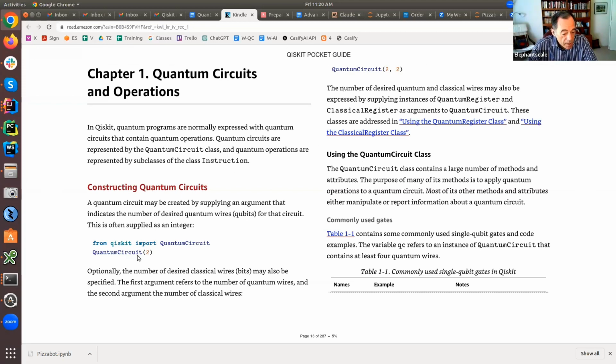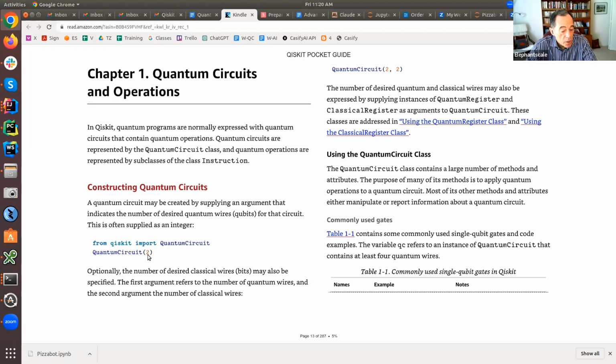Then he explains that the first 2 is 2 qubits, and we'll refresh what a qubit is. Another way to say it is 2 and 2. These are equivalent ways of saying it.